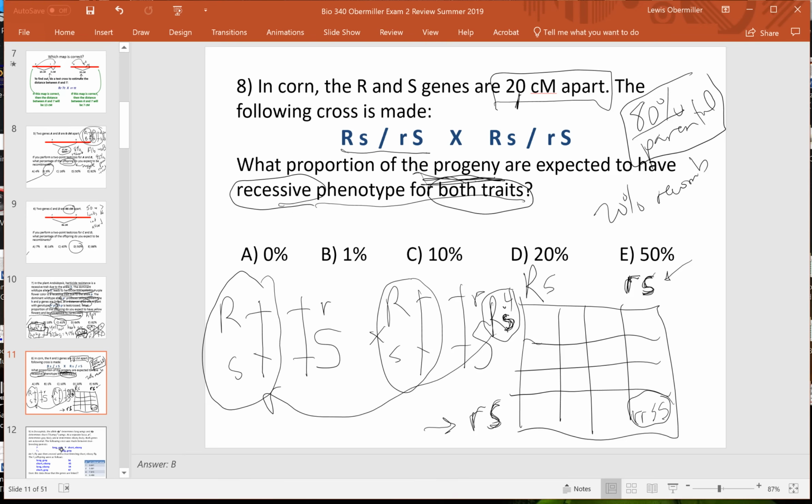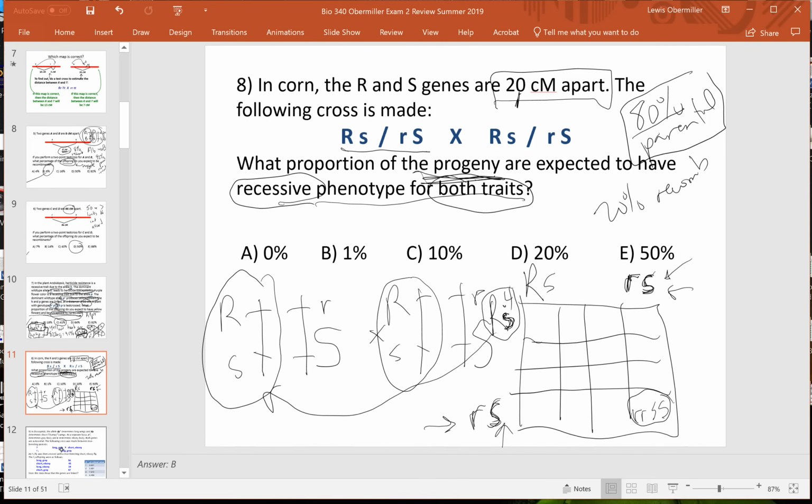This side for mom, this side for mom, this side for dad. But we can't get little r and little s this way from parentals. The only way we can get little r and little s is from a crossover event. So what's the frequency of crossover? What are the progeny? 20% are recombinant. So what's the probability we would make this gamete?